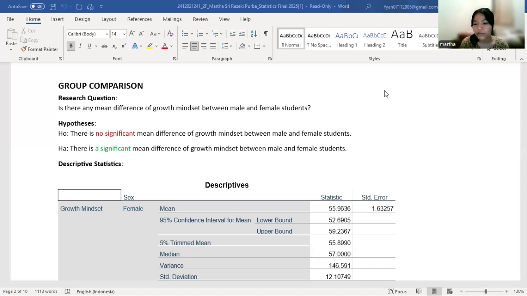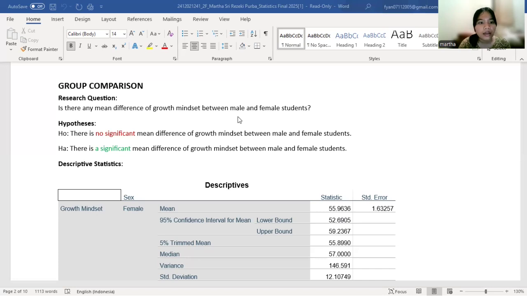But before doing the t-test, there are two prerequisite tests. The first one is the normality of data distribution test, which is the Shapiro-Wilk or Kolmogorov-Smirnov test. And the second one is the homogeneity of variances test, which is Levene's statistic test.